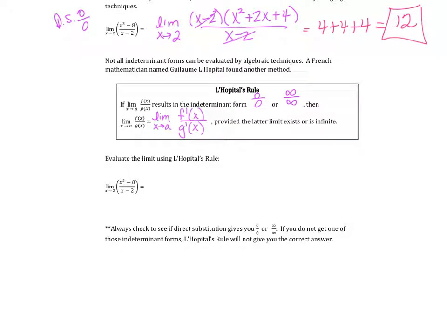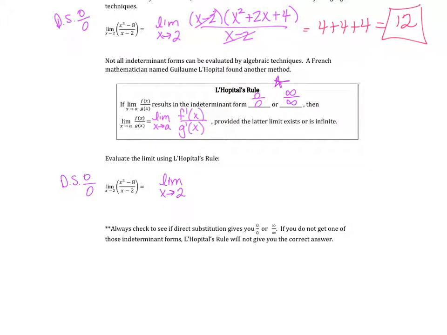Now, I still do direct sub. I still would plug in the 2 and get 0 over 0, because I have to know, again, L'Hopital's rule doesn't work for every fraction. It only works when direct sub gives you 0 over 0 or infinity over infinity. So I still have to do the direct sub part. But when I do, I can then take the derivative of the top, just the top.